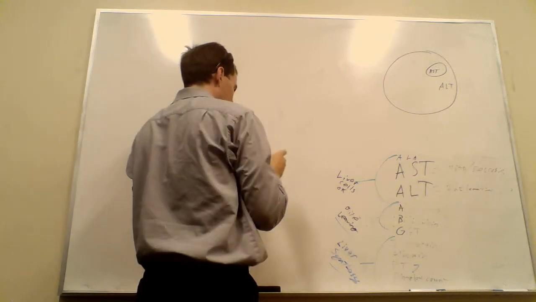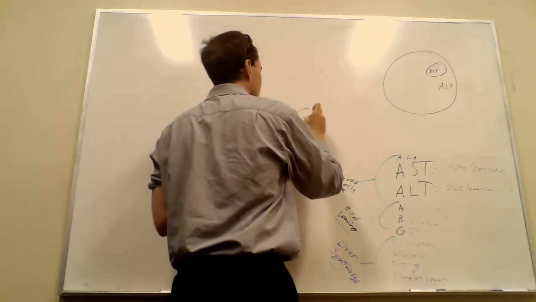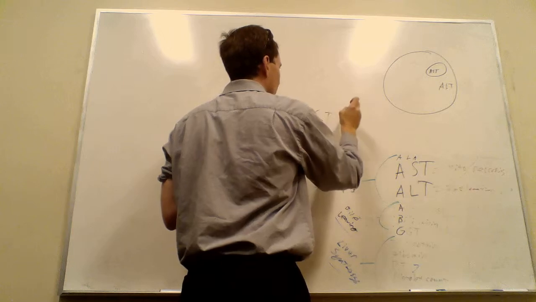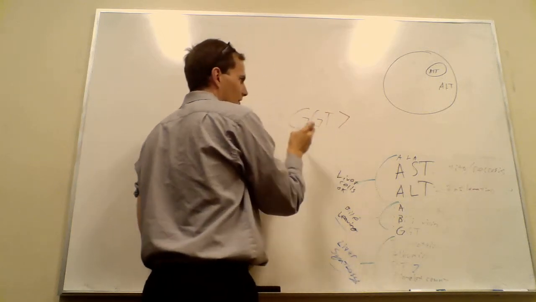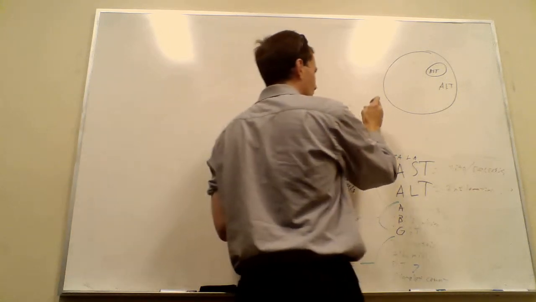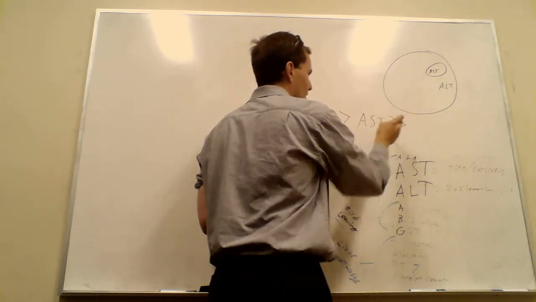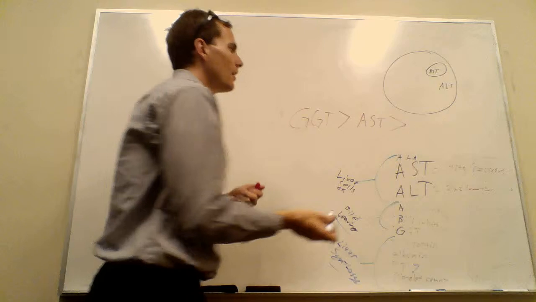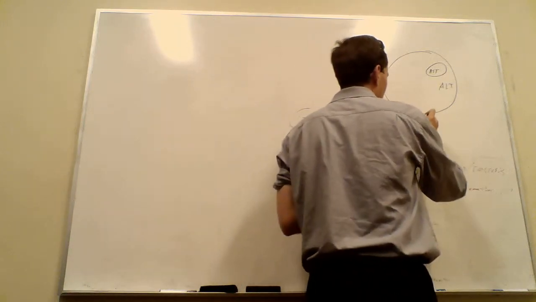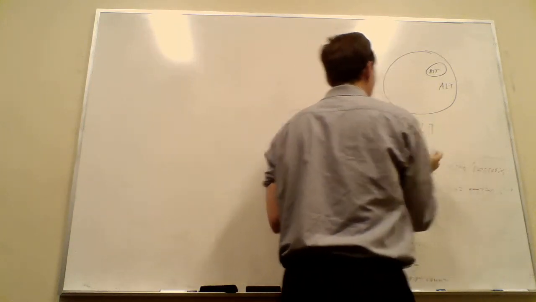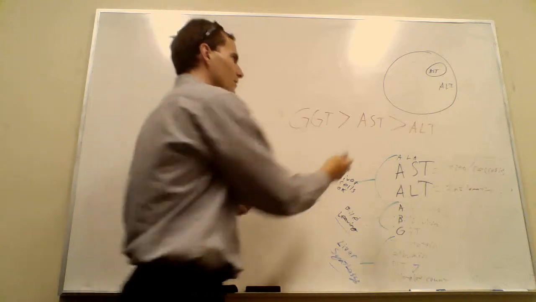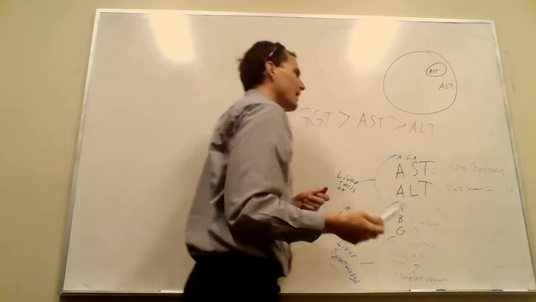If we see high GGT, and that is very high, and then we have high AST, and that's not quite as high, but still high. And then after that we have a little bit less, but still high ALT. GGT is the highest, followed by AST, followed by ALT.